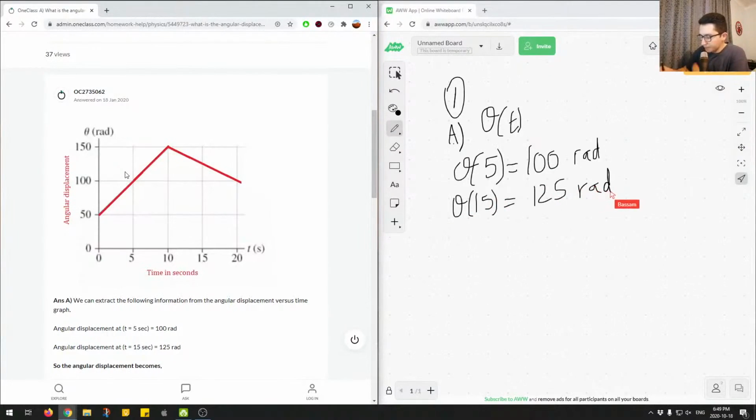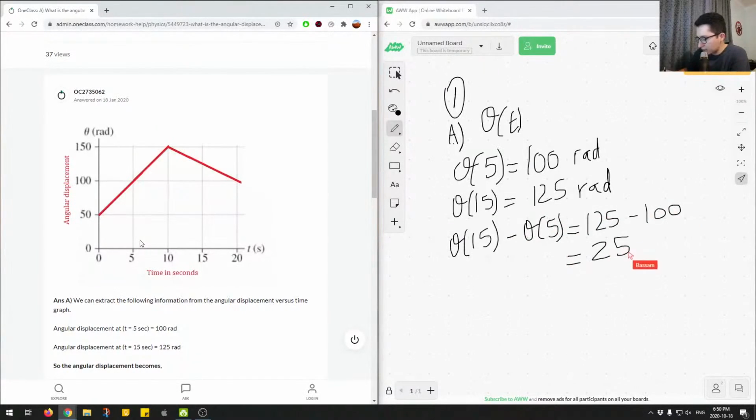So here we do final minus initial. The final at time equals 15 minus the initial at time equals 5. We have theta 15 minus theta 5 equal to 125 minus 100, and we end up with positive 25 radians.